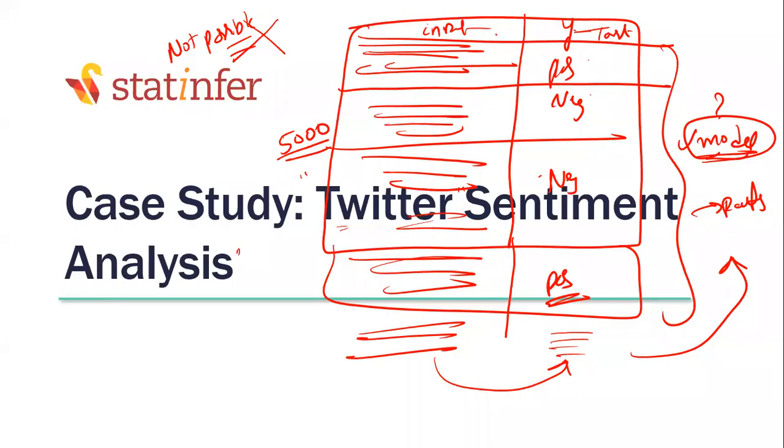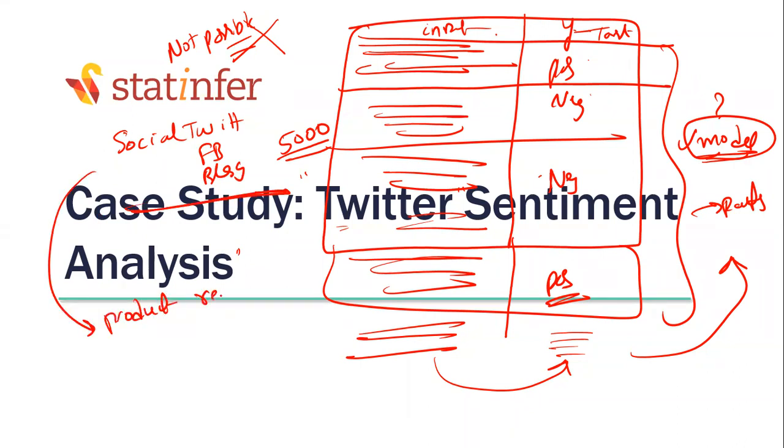This is the social media data. The kind of projects in real life that you will get on sentiment analysis are pretty straightforward. Either you may have social media data, like Twitter, Facebook posts or blog posts. Or your company or client may have a product, and product reviews are there.